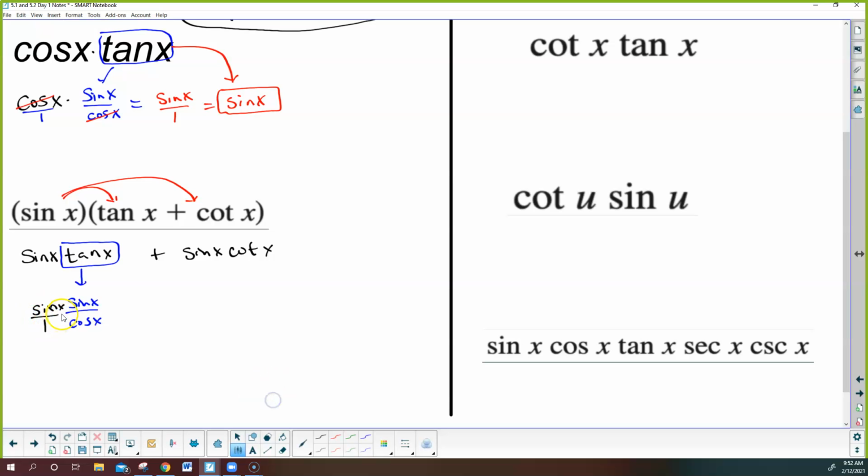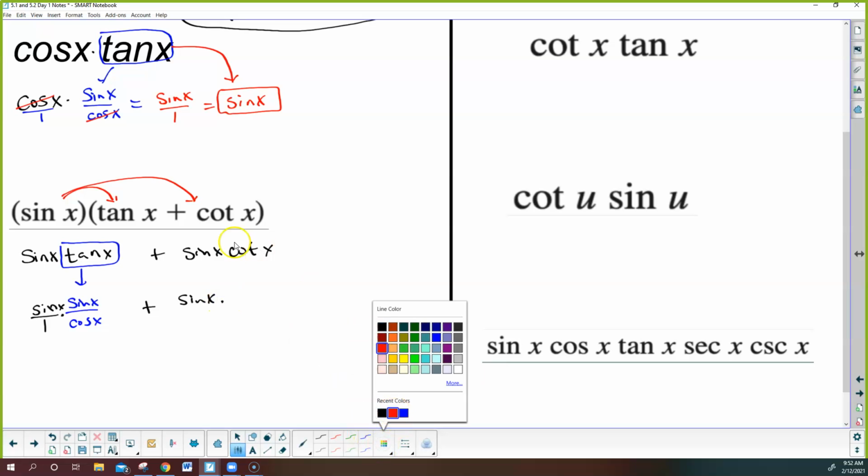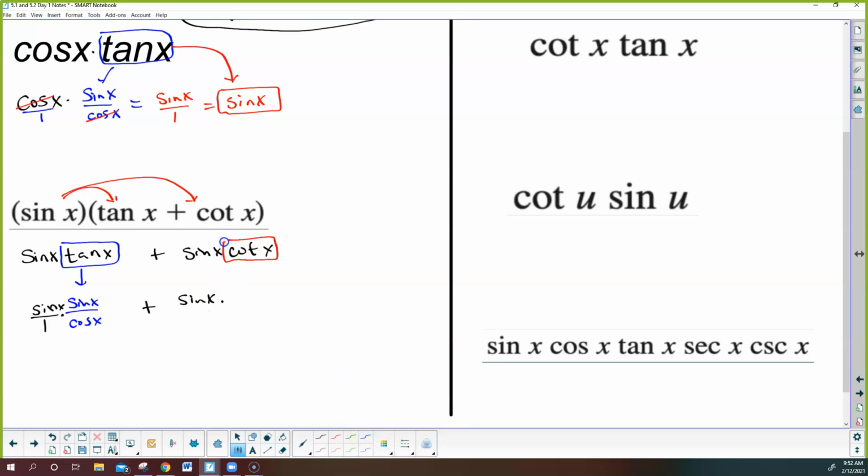But I'm going to think of that as sine over 1, and those are being multiplied together. And then I have sine of x times cotangent. And cotangent is the reciprocal of tangent. So if tangent is sine over cosine, then cotangent is cosine over sine. And again, this is over 1, and they're multiplying.